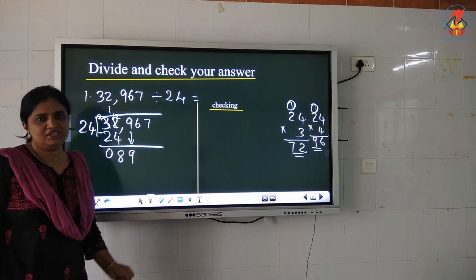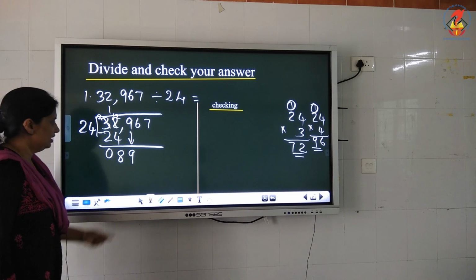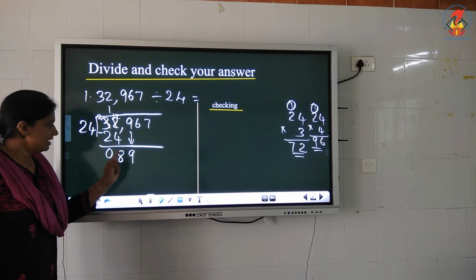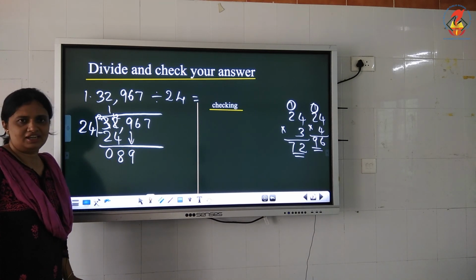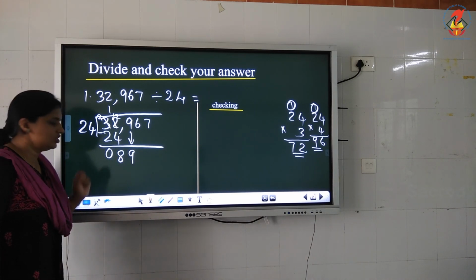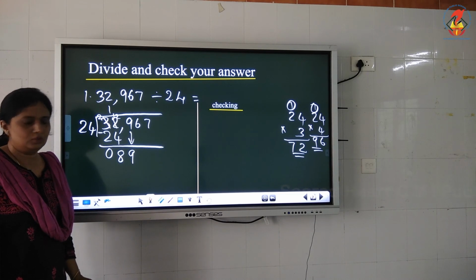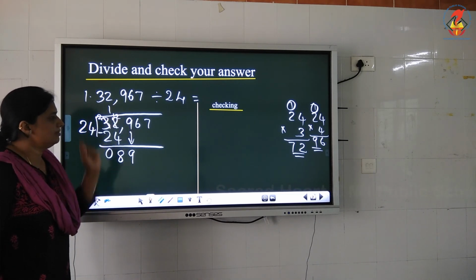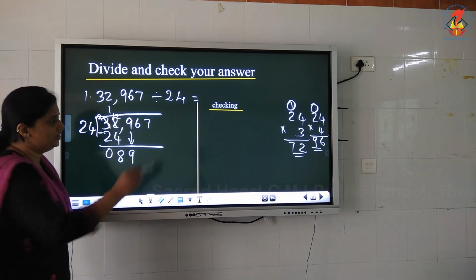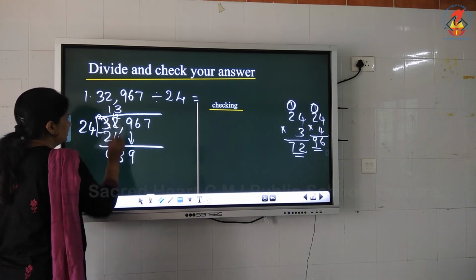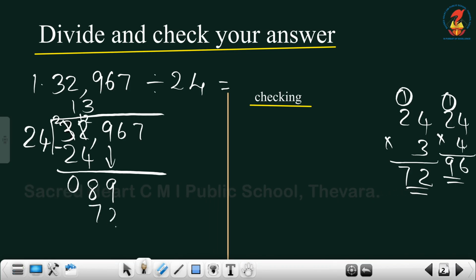Which number you need to take? 72 only, right? 72 is less than 89. 96 is greater than 89. So I need to take 72. Then 24 into which number equals 72? 24 into 3 equals 72.